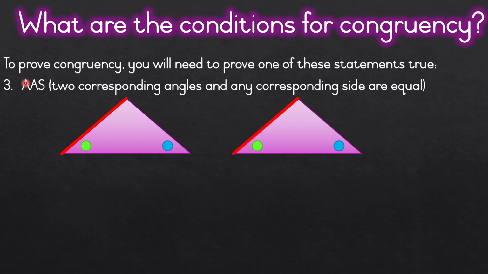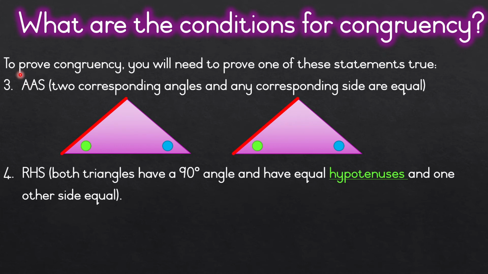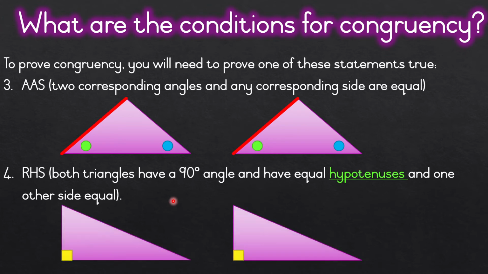The next condition is a little bit more difficult. It says both triangles have a 90-degree angle and have equal hypotenuses and one other side is equal. That means that I have to have two right-angled triangles. If they are not right-angled triangles, condition number 4 is completely out of the question. Next is the hypotenuse. So where is the hypotenuse?